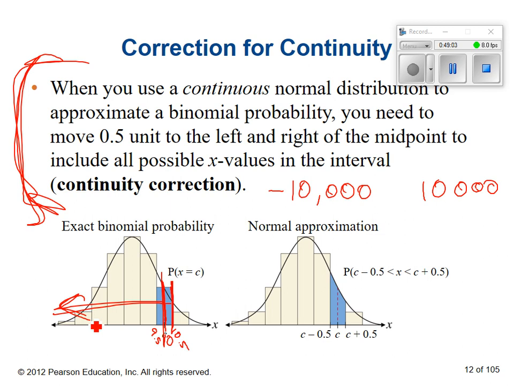What if we wanted to go from here over that way? If that number right there was 10, we'd start at 9.5 and go up to positive 10,000. So you've got to know which way you're going. Sometimes you want to do both, because I just want to be right here. I want to know exactly 10, then I go 9.5 to 10.5.